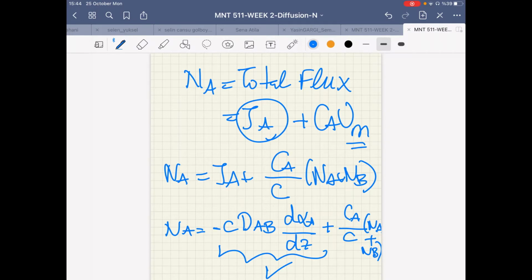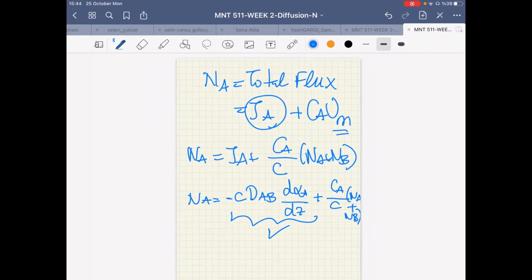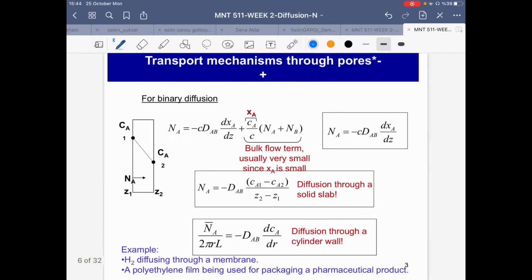With that, I'll try to continue with the class notes. So this is just slide number 2. This is a given fact, and I tried to tell you where this whole thing is coming from. For binary diffusion, this is my Z1, Z2, this is A trying to diffuse through my slab, and CA1 is higher than CA2.